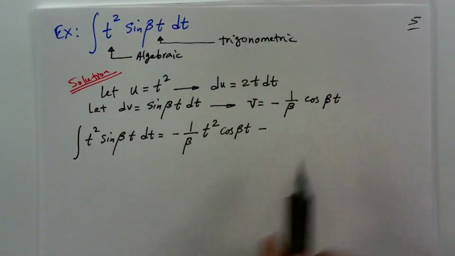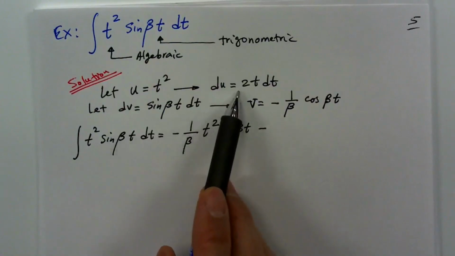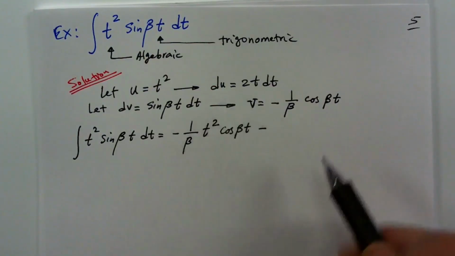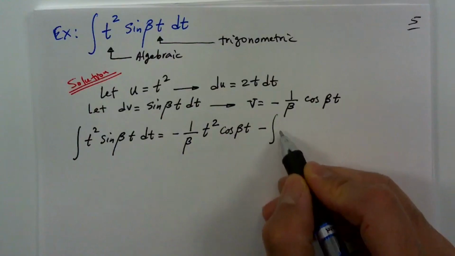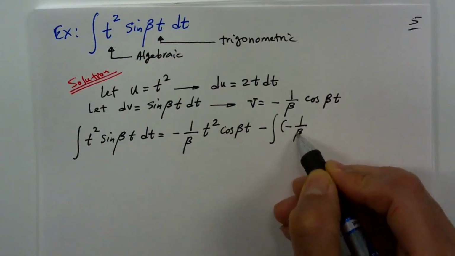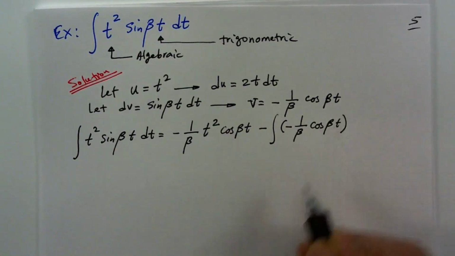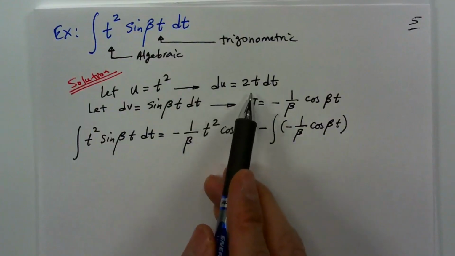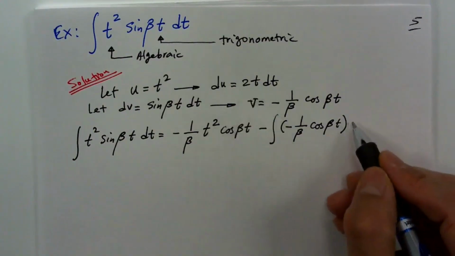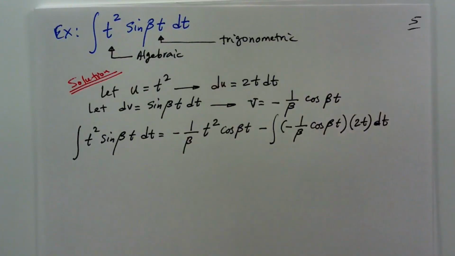So minus the integral of v, which is minus 1 over beta cosine of beta t, times du, which is 2t dt, and I'll put the dt on the outside here.